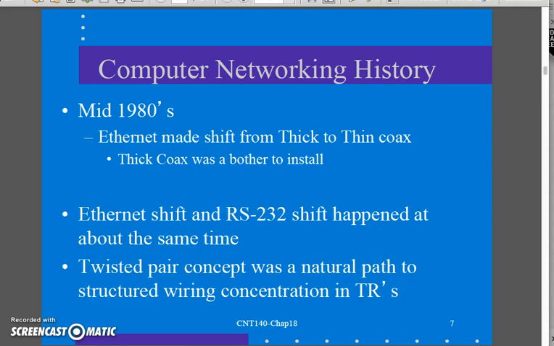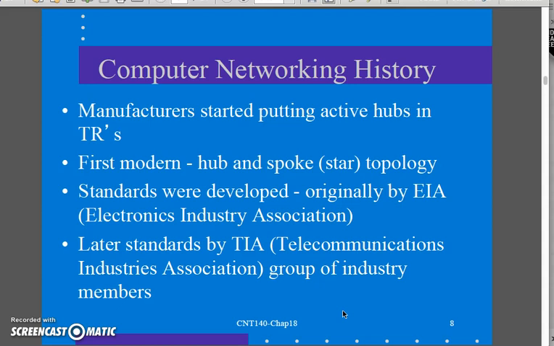Then, as we went from the 80s into the 90s, we had the shift from thick coax to thin coax. Thick coax was too much of a bother to install. We moved over to thin coax. Now we start getting a network infrastructure to support this. And the twisted pair concept was a natural path from that coax bus into the twisted pair star.